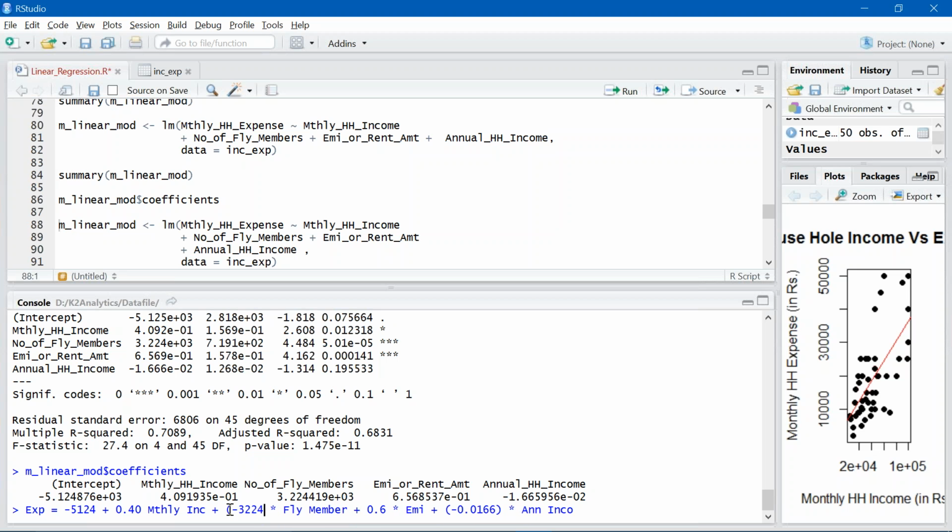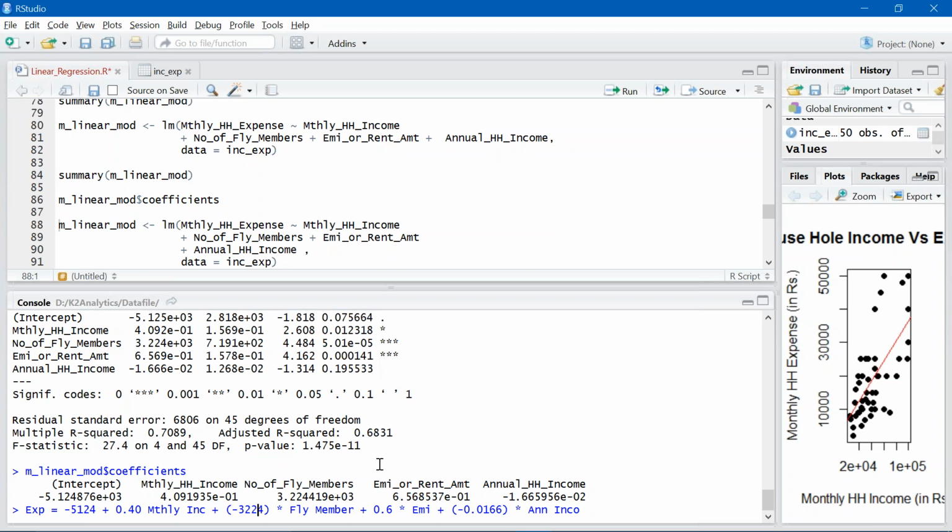Does that make sense? Then the model is saying that as family members increase, the expense of the family reduces. Illogical statement, right? This is how the betas are to be interpreted. This is where the sign of each beta is important.